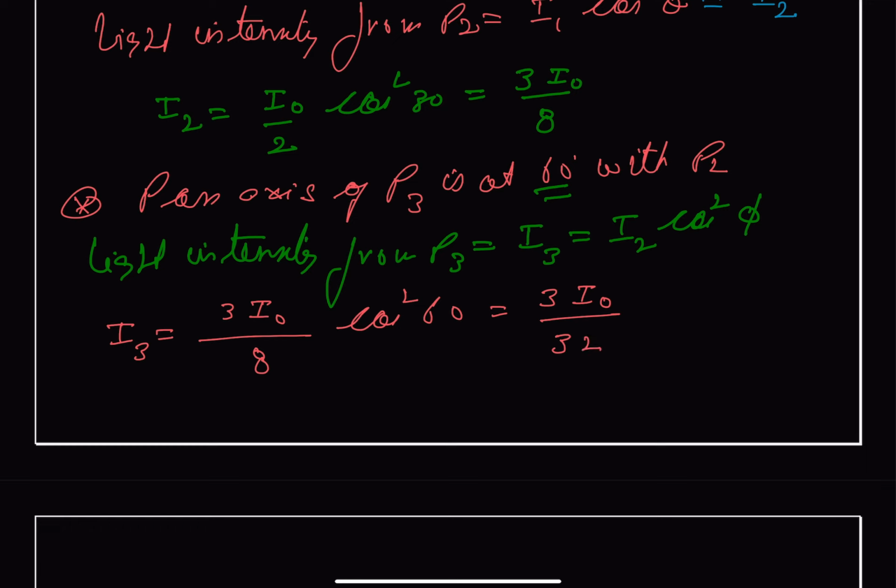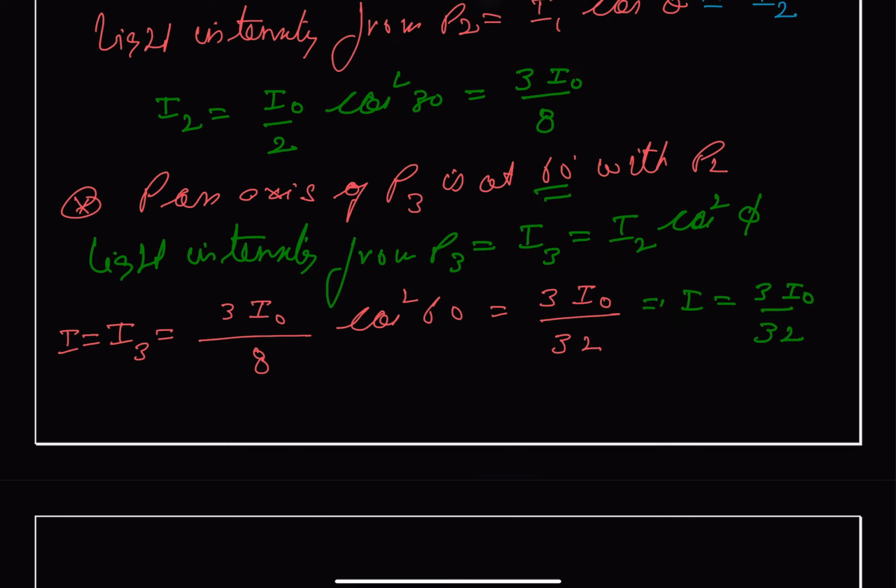And herein this I3 is nothing but, in the question, given as I. So let us rename this I. So we get I is equal to 3 I naught divided by 32.